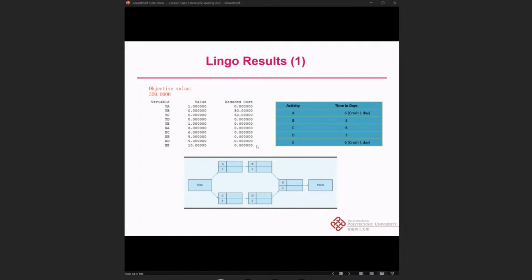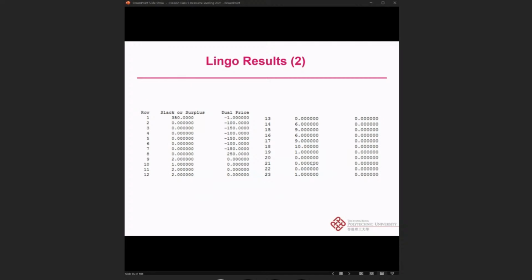The objective value is 350, since this is the additional cost that we need to pay. Because for A for 1 day and E for 1 day, this is the minimum additional cost we need to pay to crash the project to 10 days.